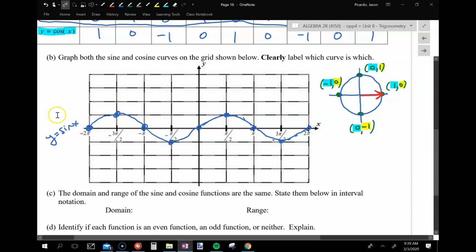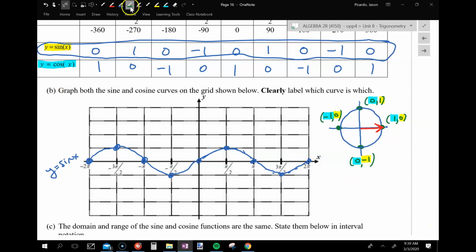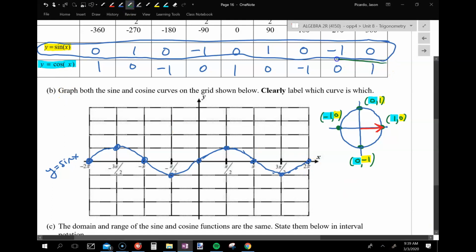Now I'm going to do the exact same thing with my cosine points, okay? If you look at it, the values look really similar to the ones we just did, don't they? Except where am I starting here? I'm starting at 1 to 0 to negative 1 to 0 to 1 to 0 to negative 1 to 0 to 1.